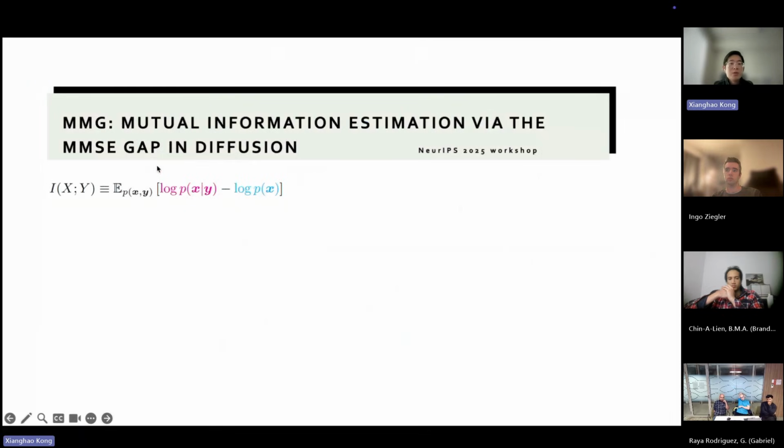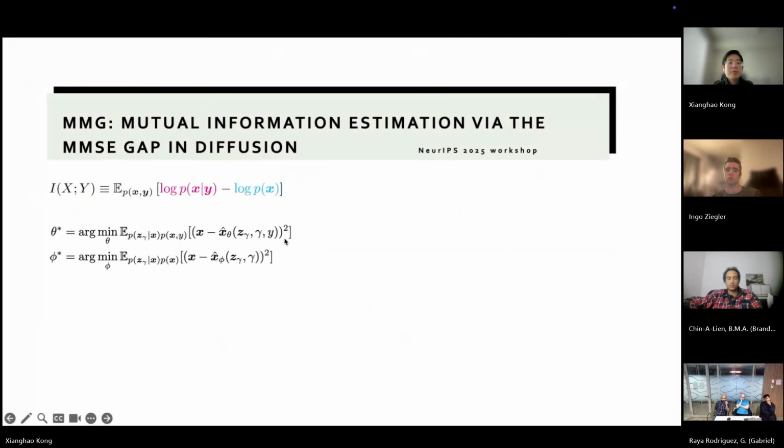It's also very simple to calculate this conditional log likelihood, because we only need to put the conditioning into the denoiser during training. After we estimate two log likelihoods, one unconditional and one conditional, we can calculate the log likelihood ratio. If we take the expectation of that, we can easily calculate the mutual information between X and Y. That means we need to train two models, one conditional and one unconditional.